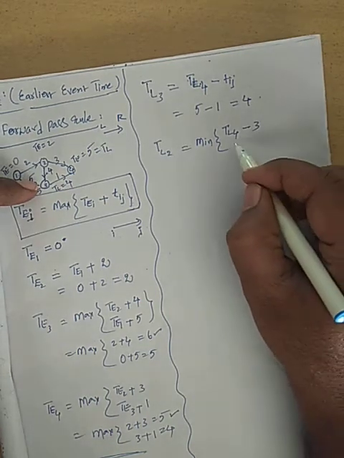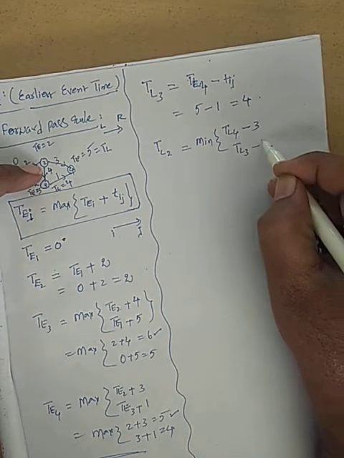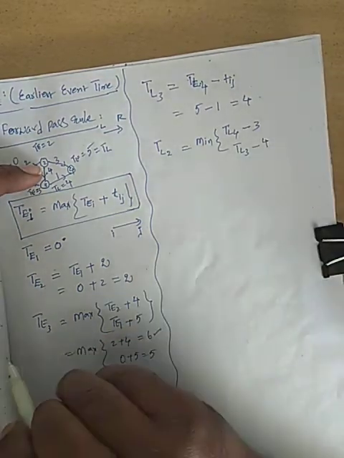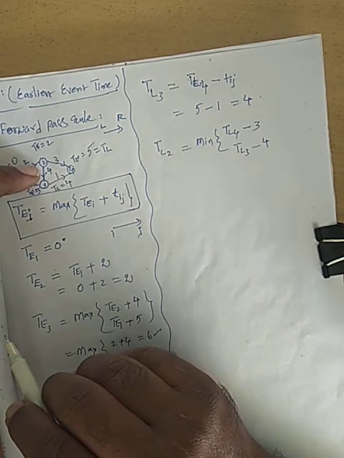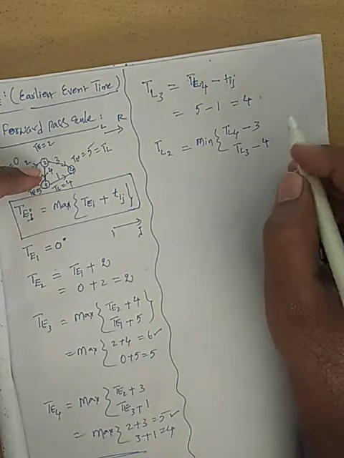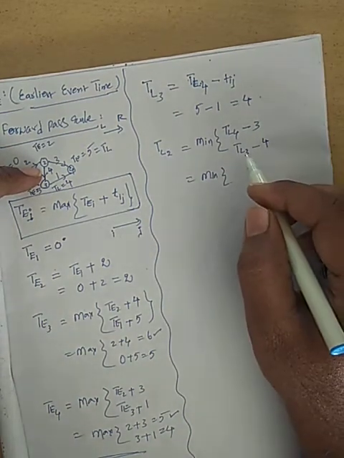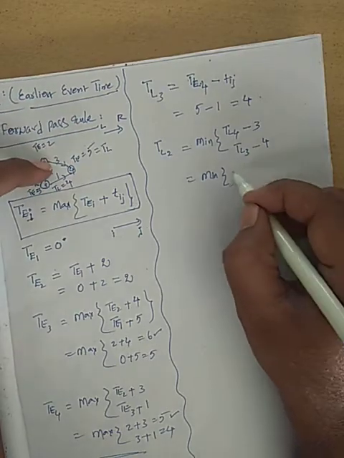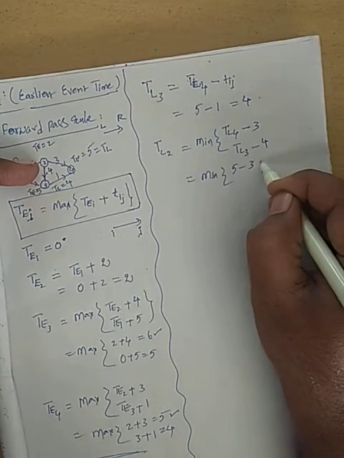Again from here, TL3 minus 4. So these are the two options. That is equal to minimum of, what is TL4? That is 5, last, minus 3. How much do you get? 2.